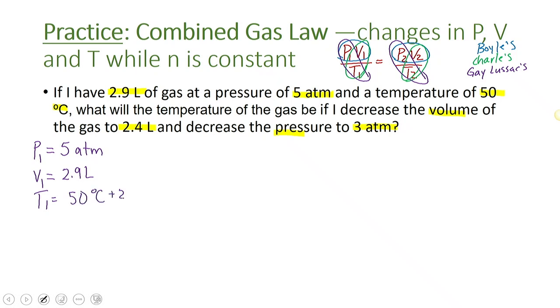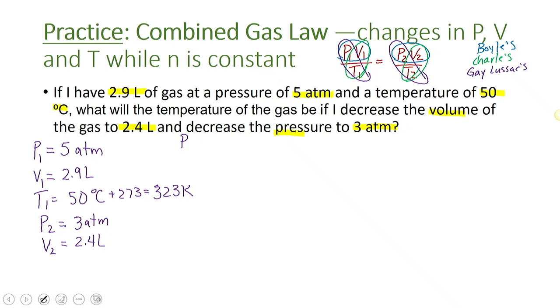Let's go ahead and change that to kelvins right now. 323 kelvins. And what else do we have? We've got that our P2 is equal to 3 atmospheres, and our volume 2 is 2.4 liters.